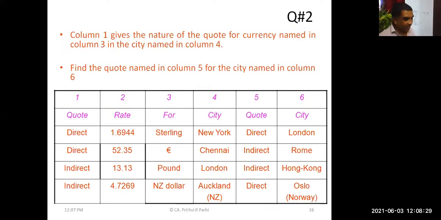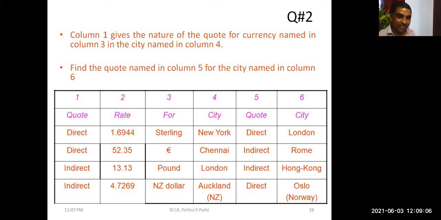Now, if you have done it, the real challenge is question number 4. Can you tell me? Now, this is the real challenge for you. What is given to you? Sir, indirect for Auckland in terms of New Zealand dollar.